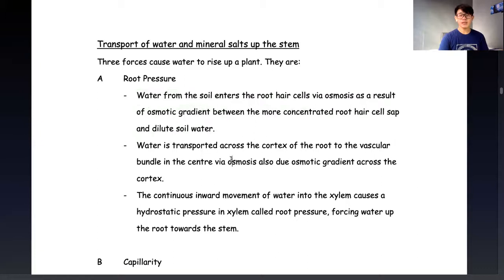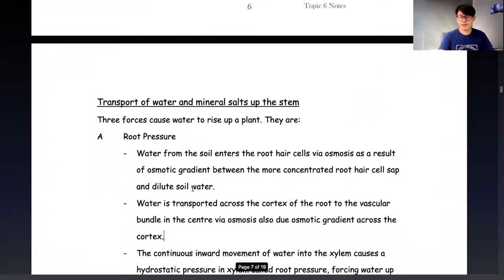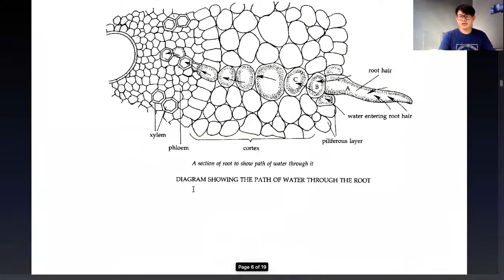Next bit, water is transported across the cortex of the root to the vascular bundle in the center via osmosis, also due to the osmotic gradient across the cortex. So what they are saying is that from the soil into the root hair is by osmosis.